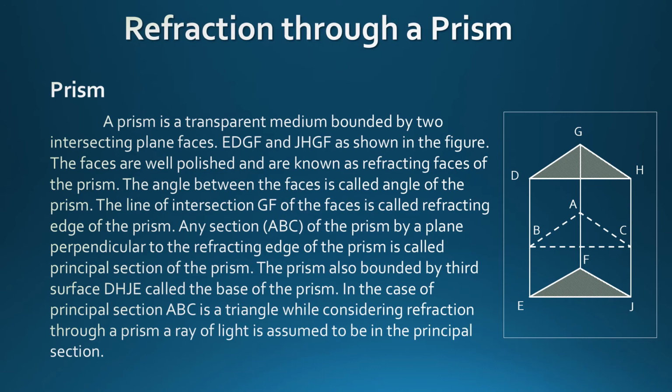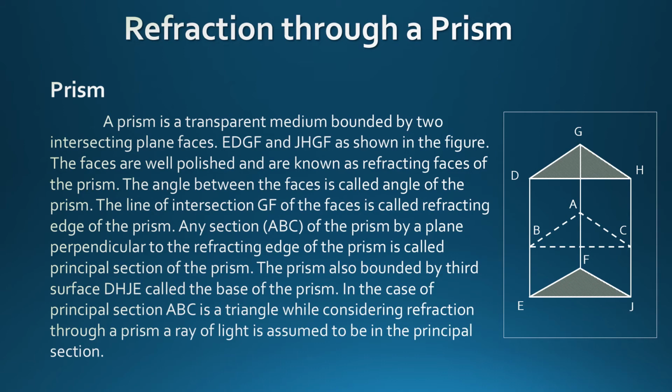The angle between the faces is called the angle of the prism. The line of intersection GF of the faces is called the refracting edge of the prism. Any section, that is ABC, of the prism by a plane perpendicular to the refracting edge of the prism is called the principal section of the prism.